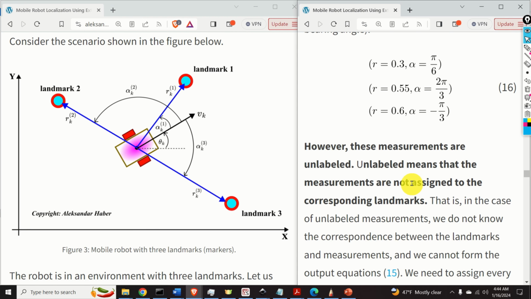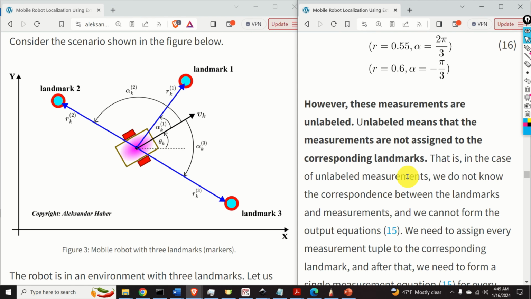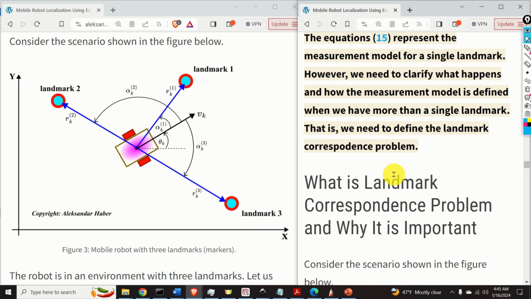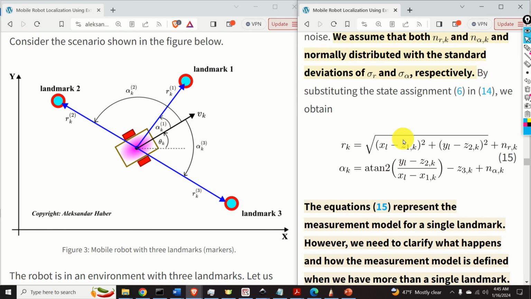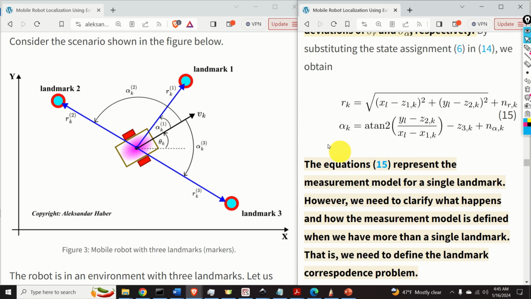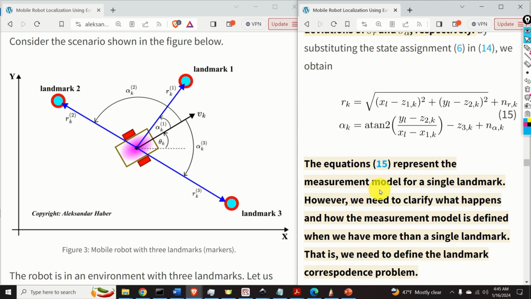That is, in the case of unlabeled measurements, we don't know the correspondence between the landmarks and measurements, and we cannot form the output equation given over here. This output equation is very important for the development of the extended Kalman filter. That is, we cannot implement the extended Kalman filter without knowing the correspondence between landmarks and measurements.